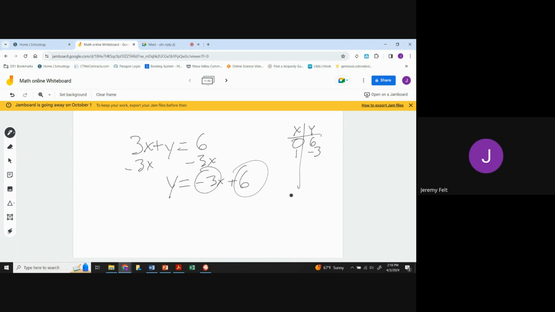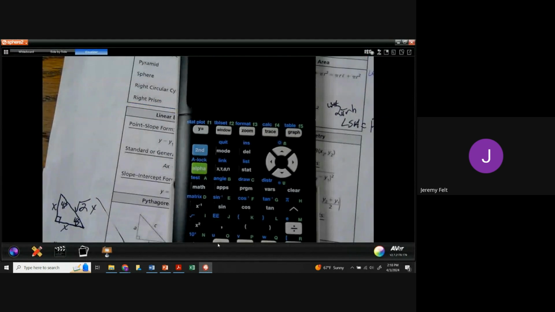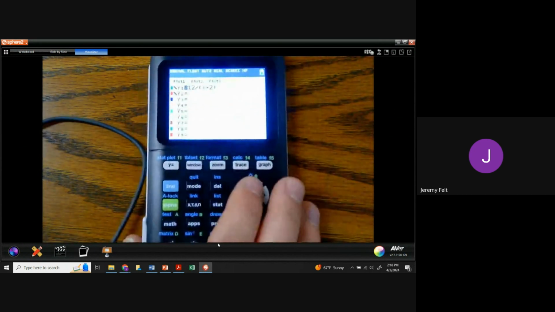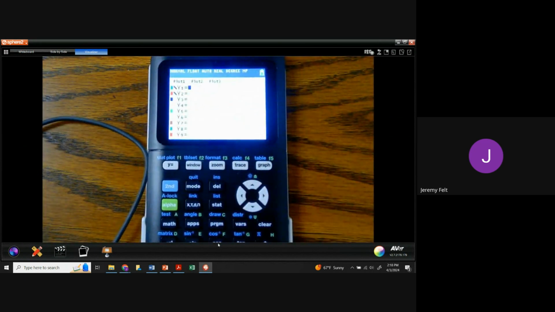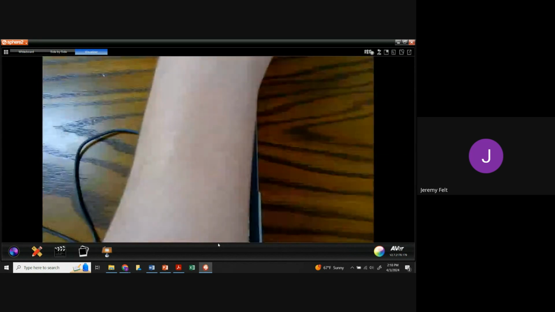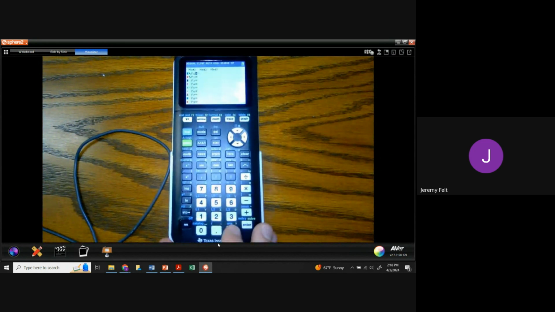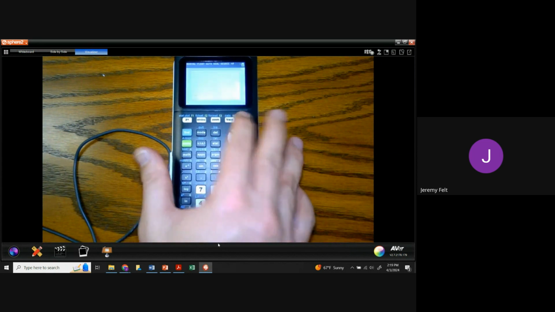Nice thing about, like I said, when it's in y equals mx plus b form, we can just go to our calculator. We enter -3x plus 6.